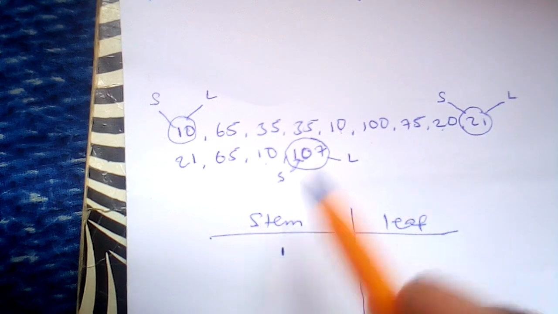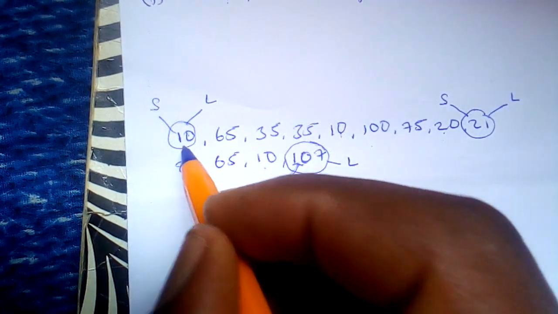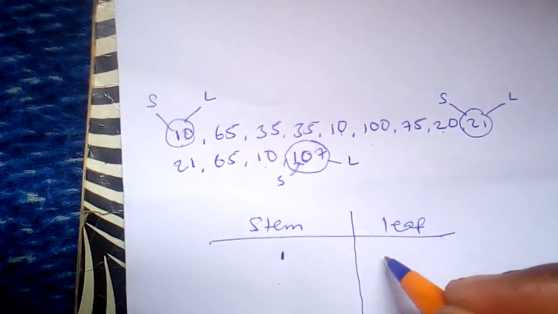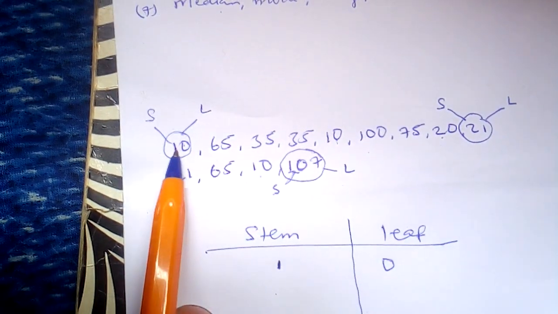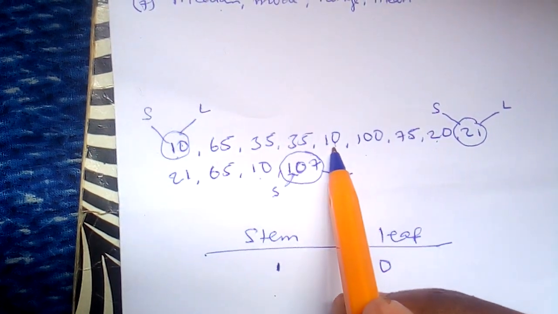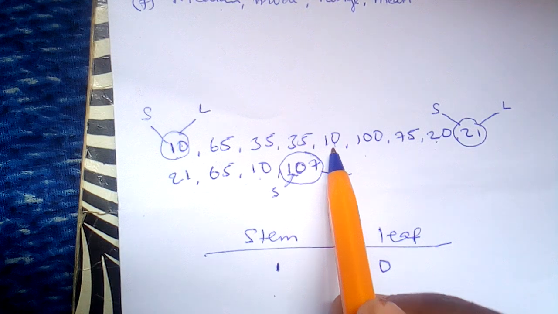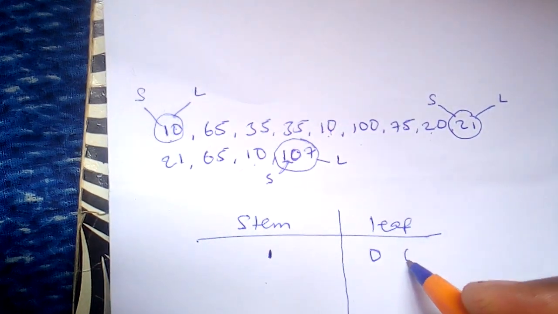There are 3. When I put 1 here, for this 10 alone, I'm going to put a 0 here. So this 0 is only representing this 10. Since this figure begins with 1 again, it's already represented by this 1. So this 0 will come here.